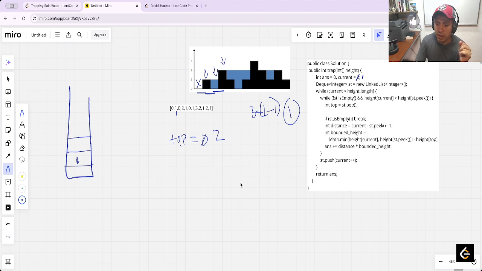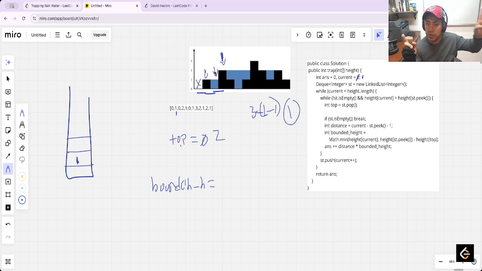Okay, now let's calculate this. It's equal to min of the height at the current, that is this, or the height at the peak, that is 1, less the top, that was 0, is 1, less 0 is 1. What is the min? 1 or 2 is 1.